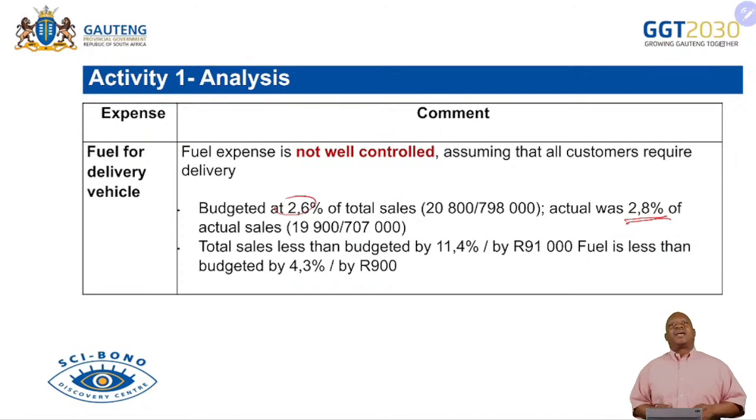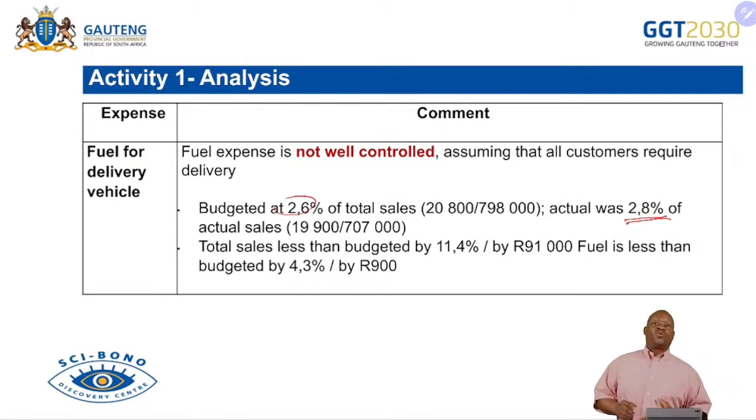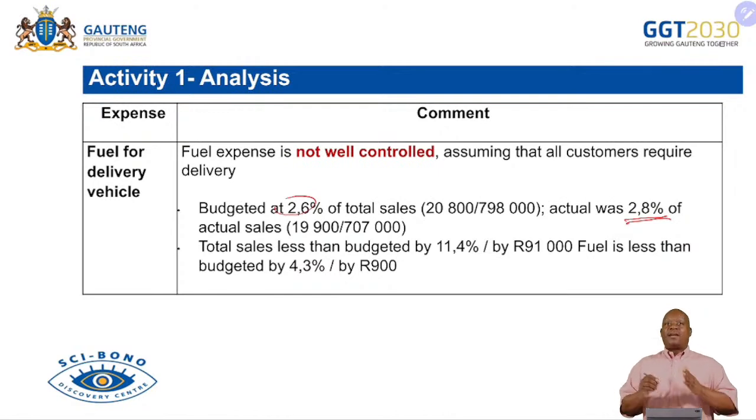So if sales decrease by 10%, we expect fuel to decrease by 10%. If sales increase by 10%, we expect the fuel to increase by 10%. Failure means we are not controlling it well. Hope you are seeing that.